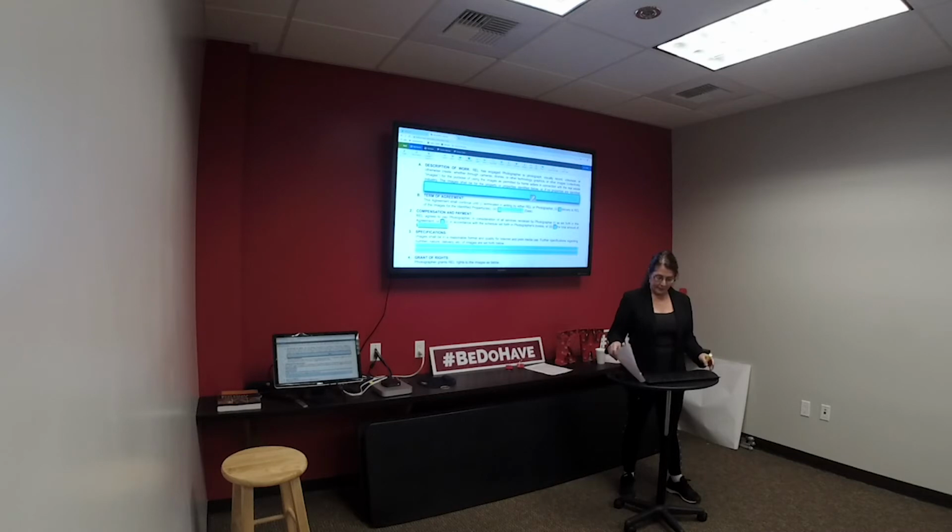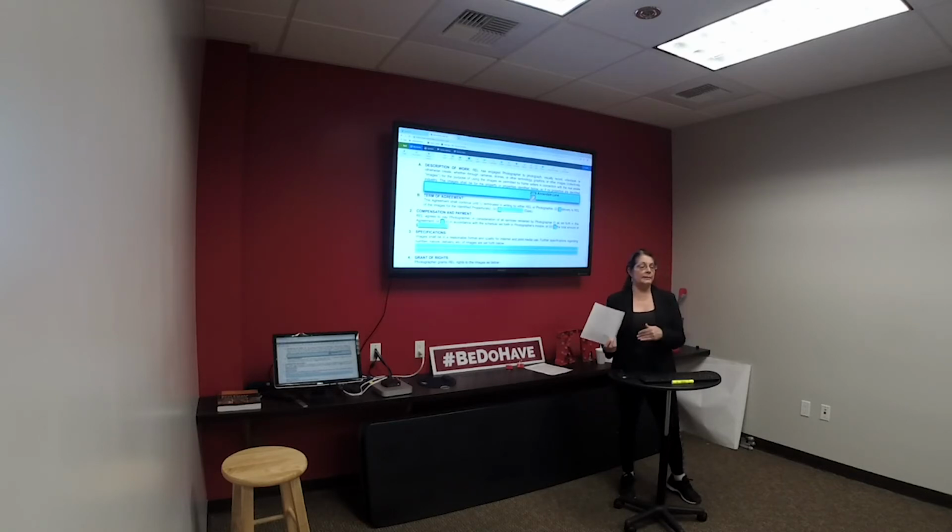So for our purposes, it's this property, that's the property address. You notice that this does not automatically fill in anything from the cover sheet, because we had this form in here when we started the cover sheet, and none of the information from the cover sheet has auto-populated into this form.